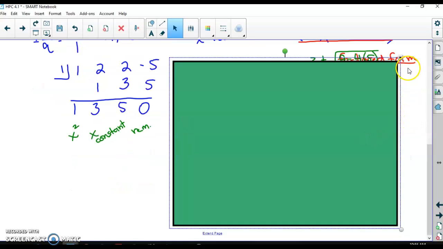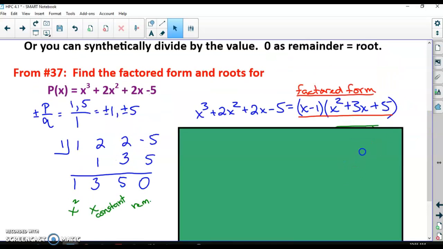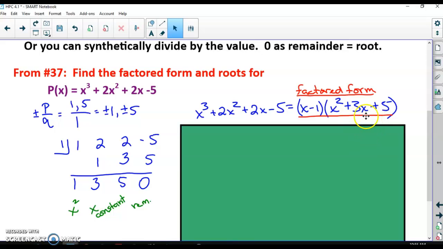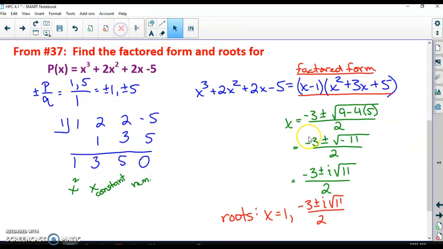So what we have is the factored form of p of x. But I do need to go further if I'm going to find the roots. And if I can't factor this quadratic any further, it means I'm going to use the quadratic formula. So that's what's hidden last here under the box. Negative b plus or minus the square root of b squared minus 4ac, all over 2a.